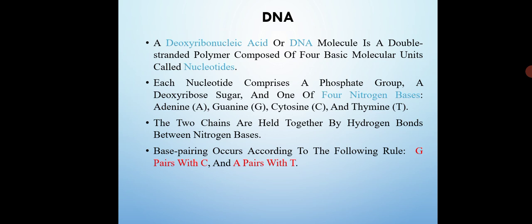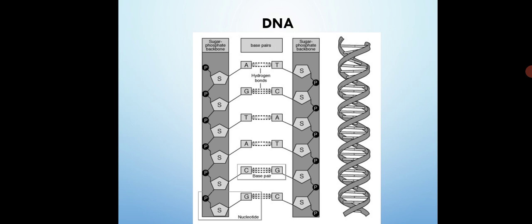The two chains of the DNA strand are held together by a hydrogen bond between the nitrogenous bases. According to the rules, guanine pairs with cytosine and adenine pairs with thymine. And this is the double helical structure of DNA.